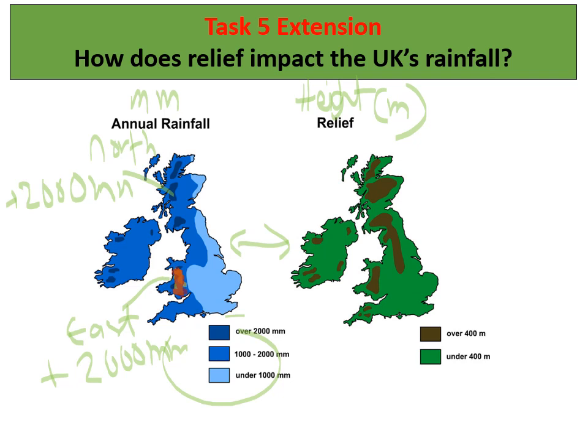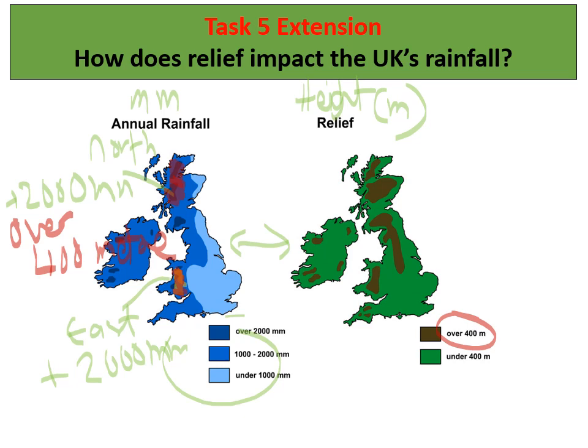And similarly, up here, where the rainfall in the north of Scotland is the highest, it also has a height of over 400 metres. So in the areas where there's the most rainfall, it also has the highest relief, so it's over 400 metres in height for both locations.